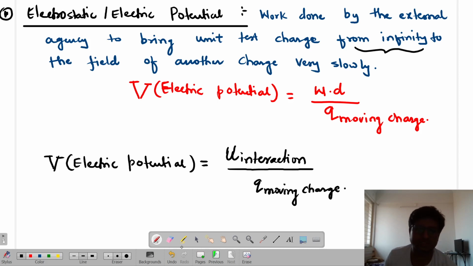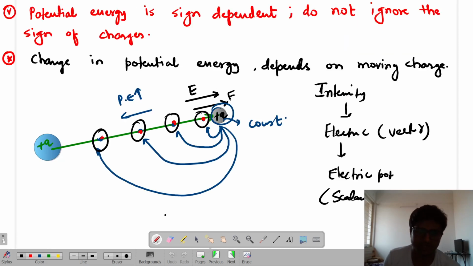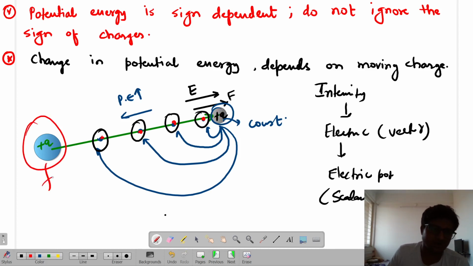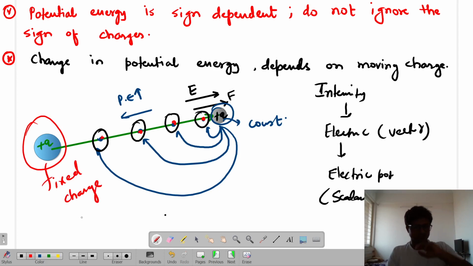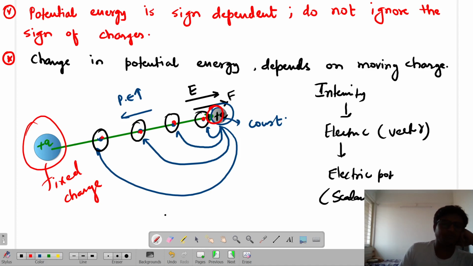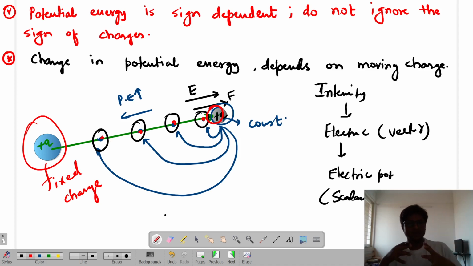As soon as we defined potential as potential energy per unit charge, it is basically talking about this fixed charge. If this fixed charge is very strong, then this positive charge will feel much more force, you will have to apply much more force to move it toward this side, and the potential energy will increase.